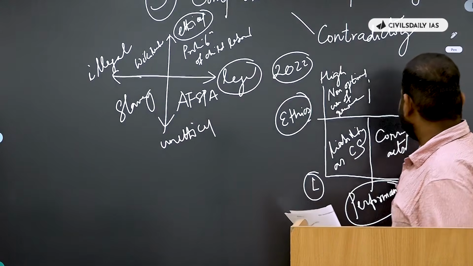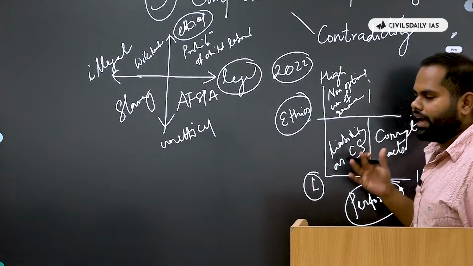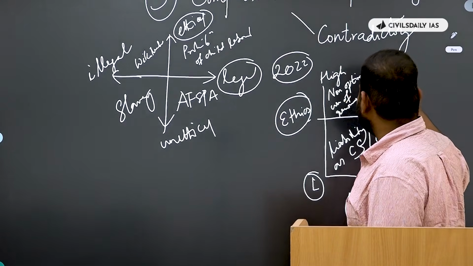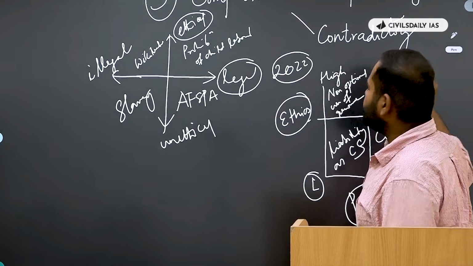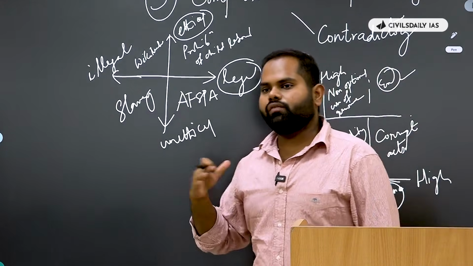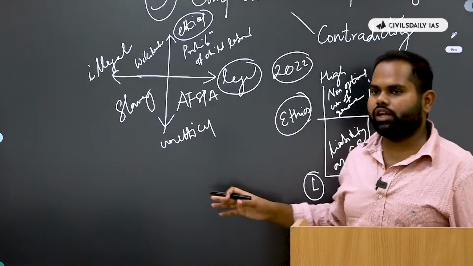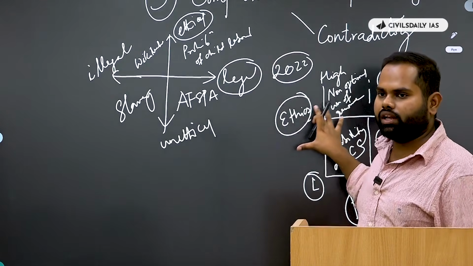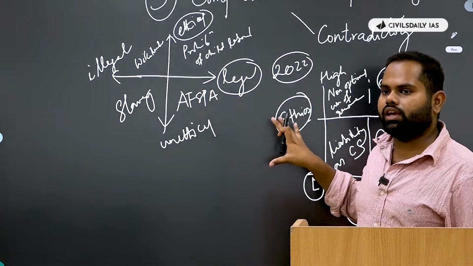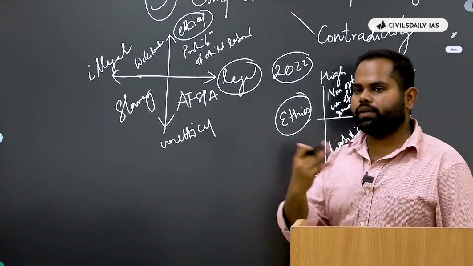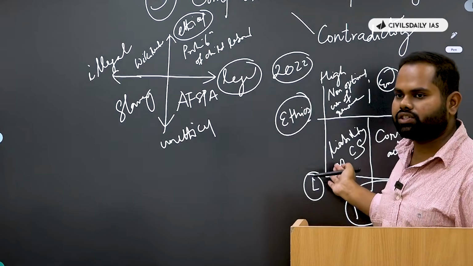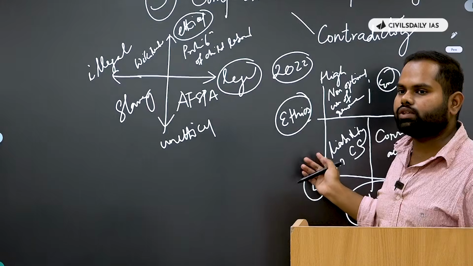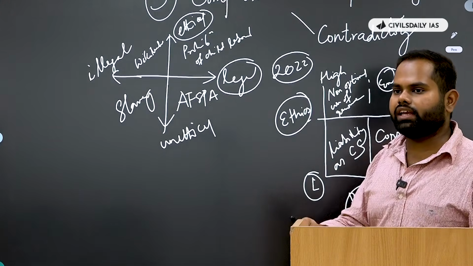Then the ones who have both on the high levels, you could have an example of some bureaucrats who have done ethical jobs, but with high performance and high outcomes as well. So in these types of diagrams, you can put out various examples as well.